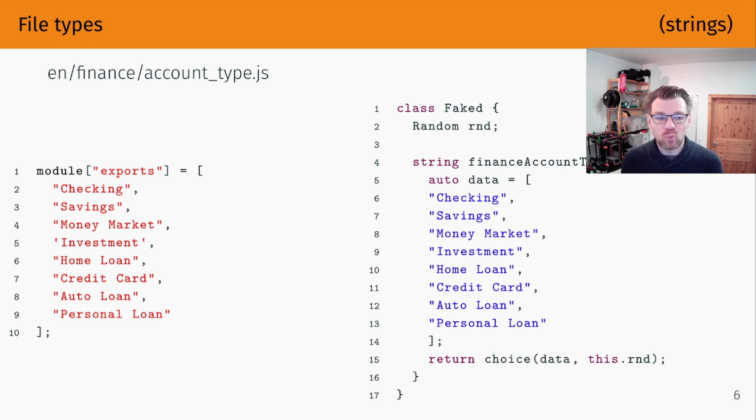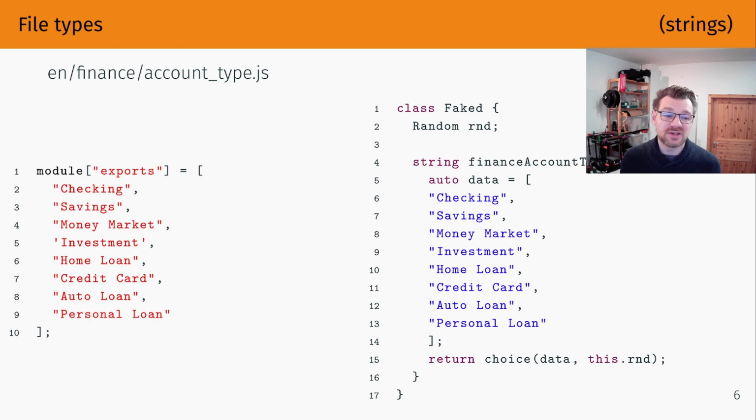What the transpiler I have created wants to do is basically take all those files and turn them into classes and methods on those classes on the right. So let's say we want to translate exactly this file.